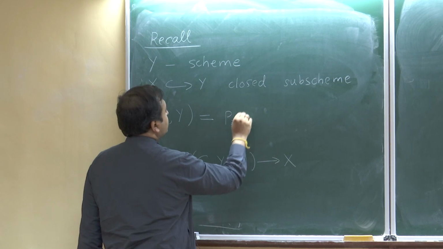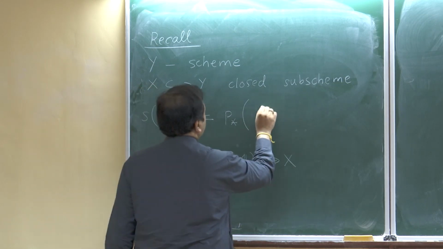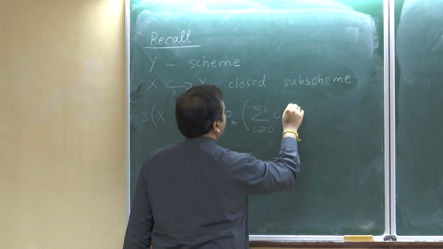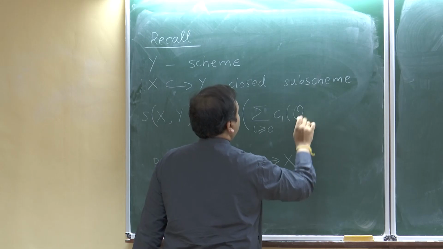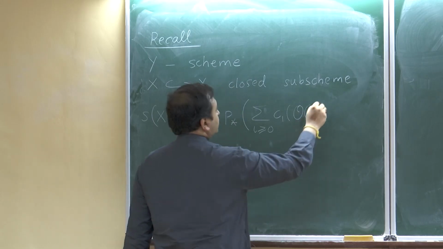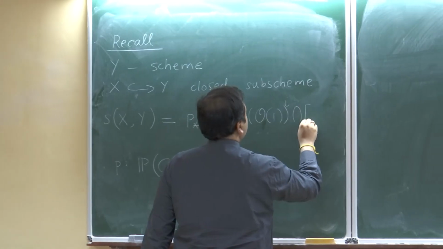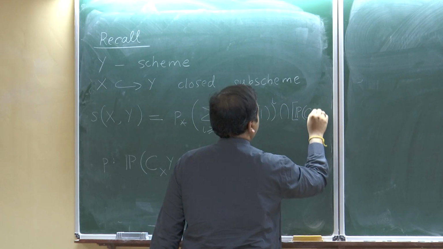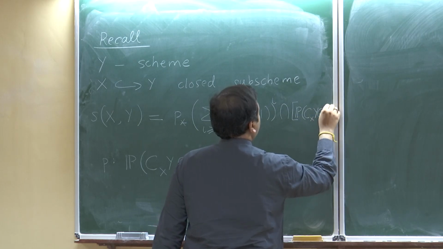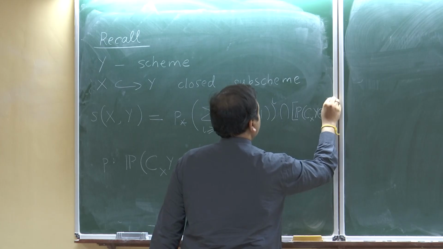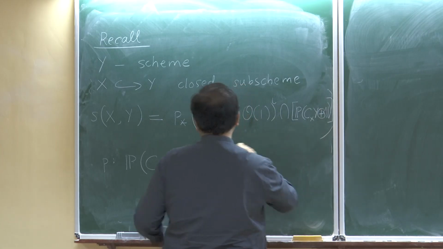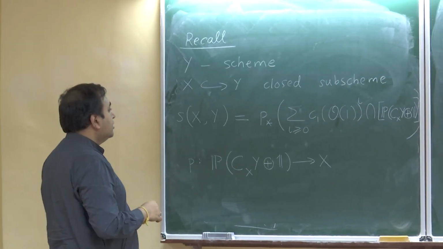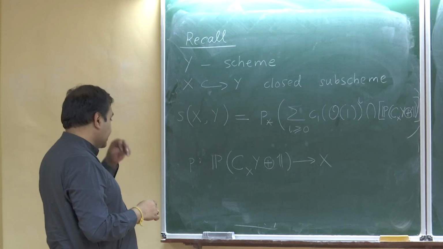This is P lower star of the sum, i greater than or equal to 0, of the Chern class of O(1) to the power i, capped with the fundamental class of this, C_X Y plus 1. Then ultimately you push everything forward to X, so this is sitting inside the Chow ring of X.